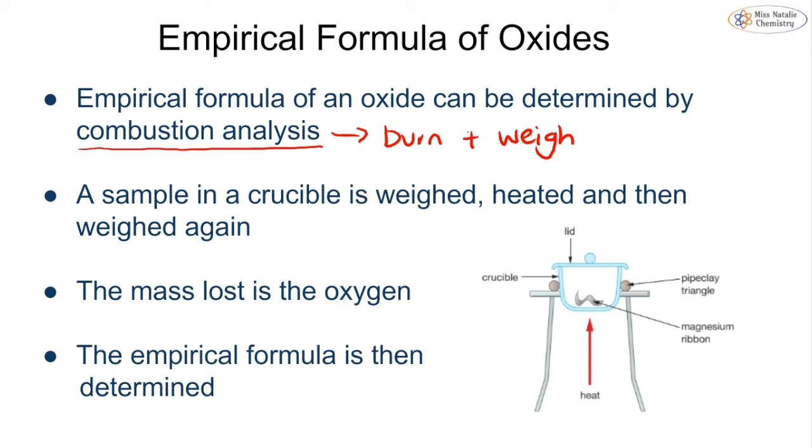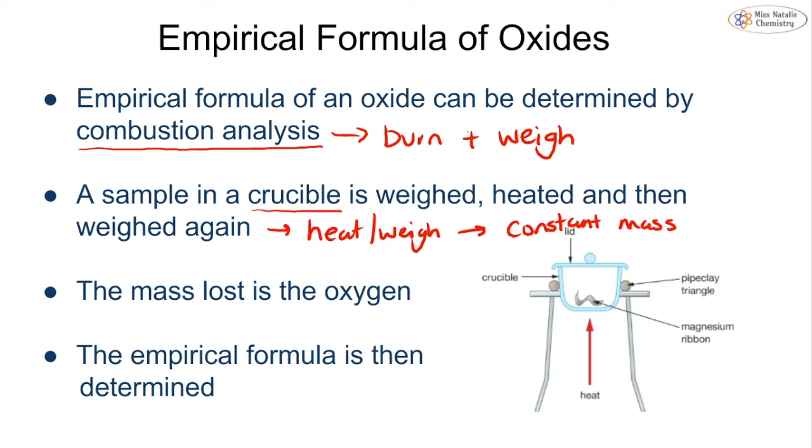So we weigh the sample into a crucible, which is essentially a small ceramic pot, and we have a lid on it. We weigh the sample and then we heat it. Then we weigh it again and we heat it. And we continue this heating and weighing until we reach a constant mass.